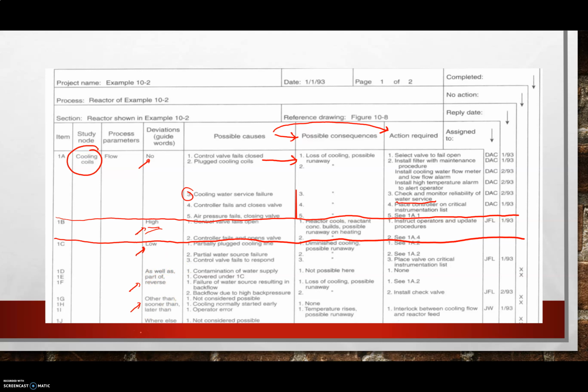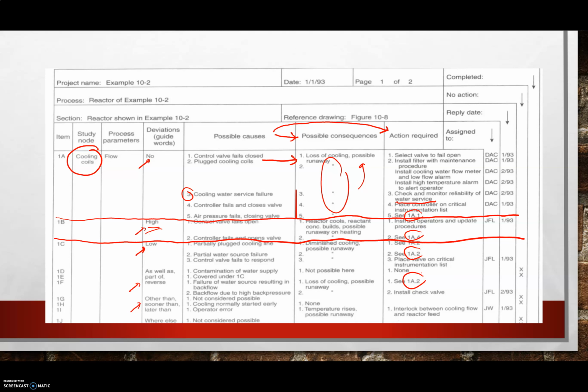As you can see, if the action required or the possible consequences are already the same as previous, you can just use some notation. For example, loss of cooling, all of these refer to the same consequences. If your action required or your recommendation has already been recommended, you just cite back where your recommendation is.